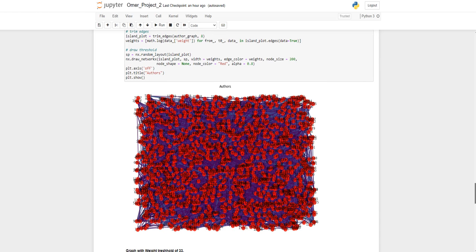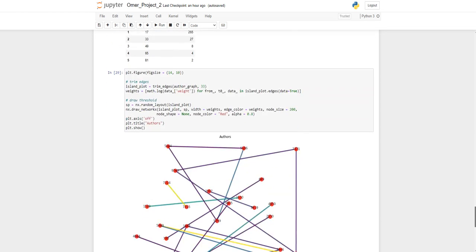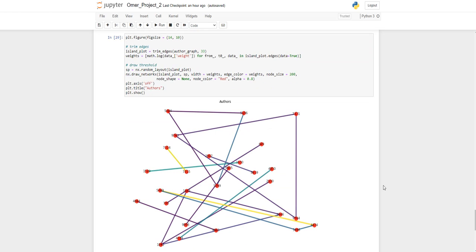Since I do have a data frame of the thresholds, I'm going to use 33 as the threshold and see how the connections look. When I do that, I get the idea that there are a couple of author numbers, edges and nodes, that have a strong relationship and a weak relationship.